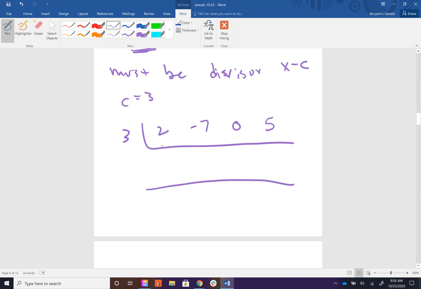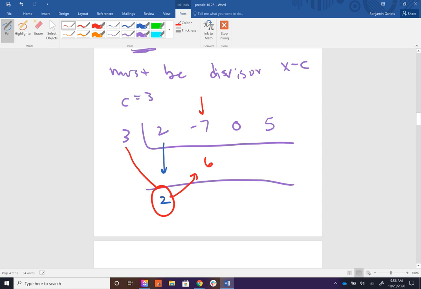we bring this value down and we get 2. And then you multiply 3 by 2, and that value goes here. And then you add down the columns.